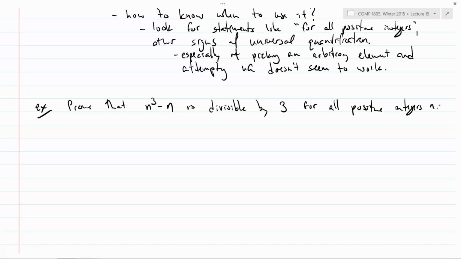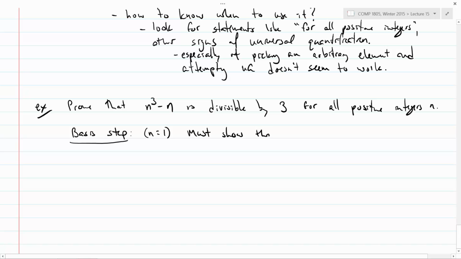All right. So we'll do a proof. Start with a basis step. In the basis step, I do the smallest value of n to which the claim applies. The claim is n is a positive integer. The smallest positive integer is 1. So I do n equals 1. We must show that 1 cubed minus 1 is divisible by 3.